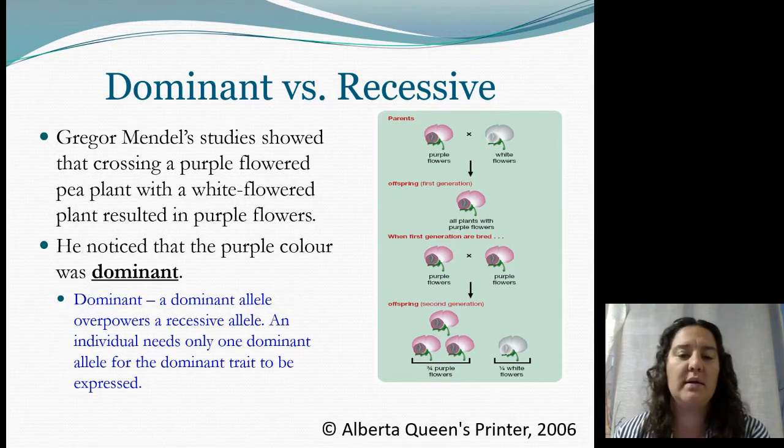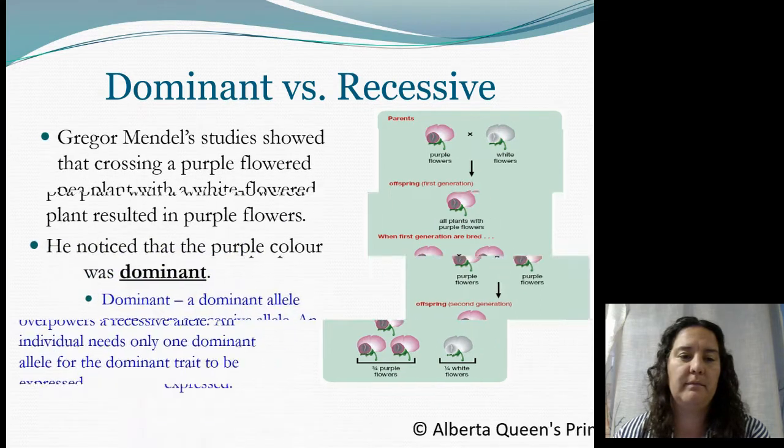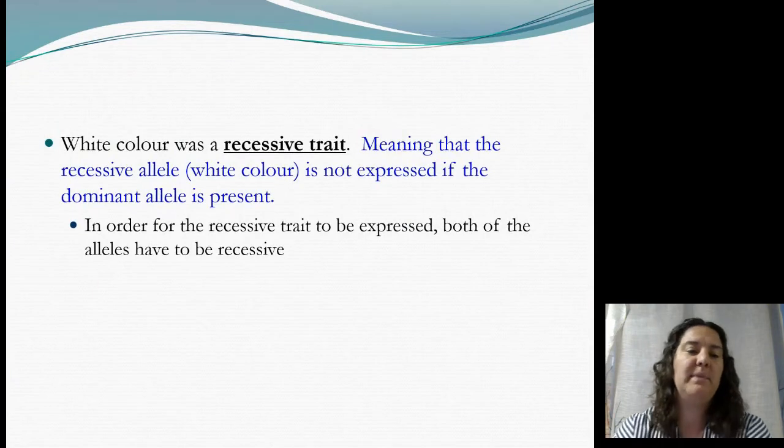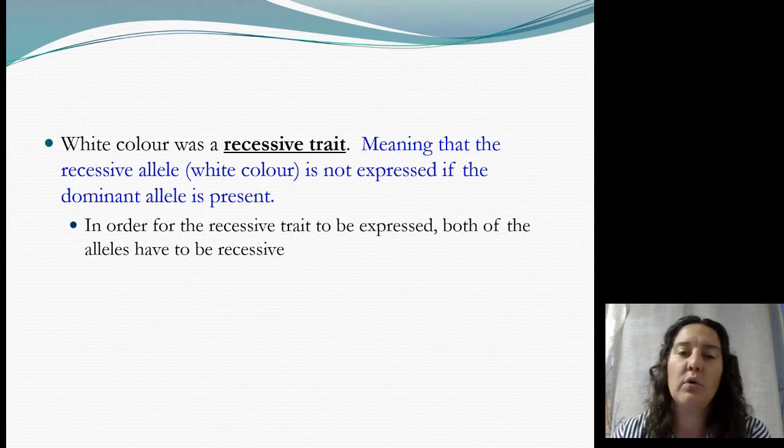So if you have one purple flower allele and one white flower allele in your pea plant, you're going to appear purple. White is a recessive trait, meaning that the recessive allele, or the white color, is not expressed if the dominant allele is present. In order for that recessive trait to be expressed, both alleles have to be recessive.